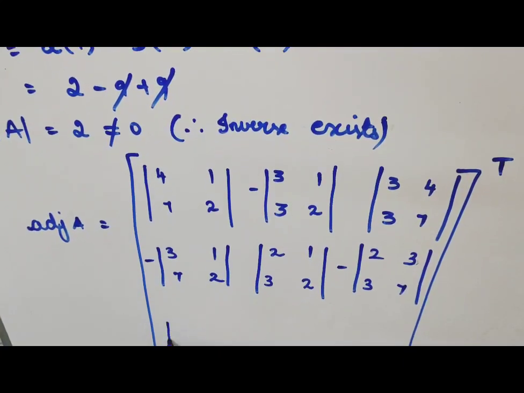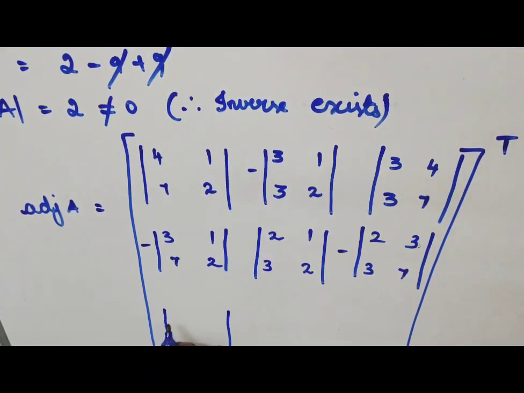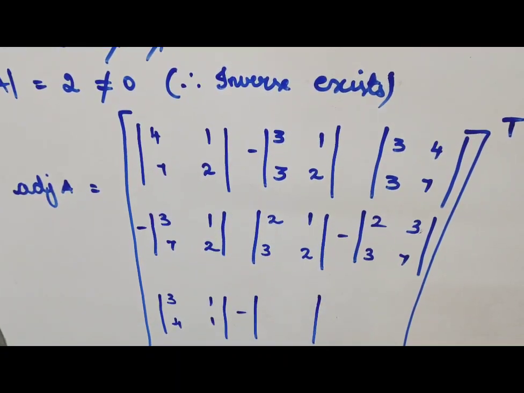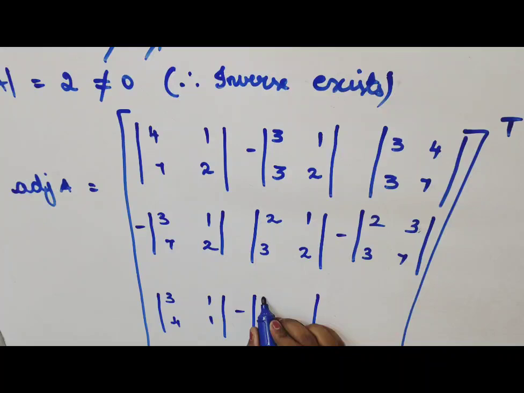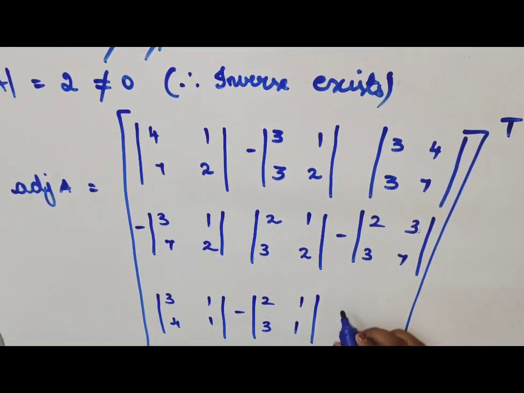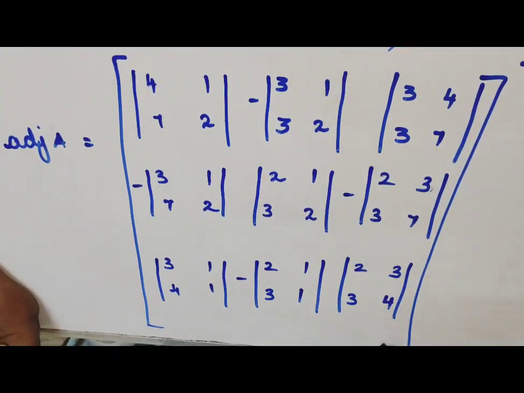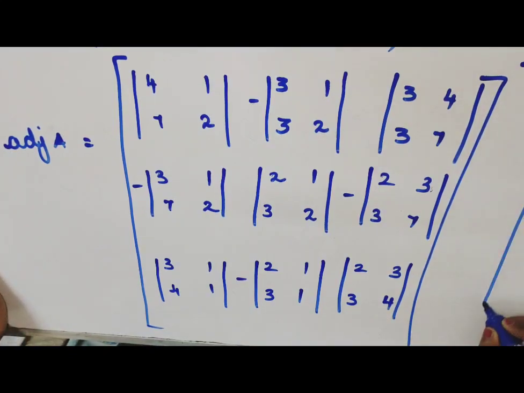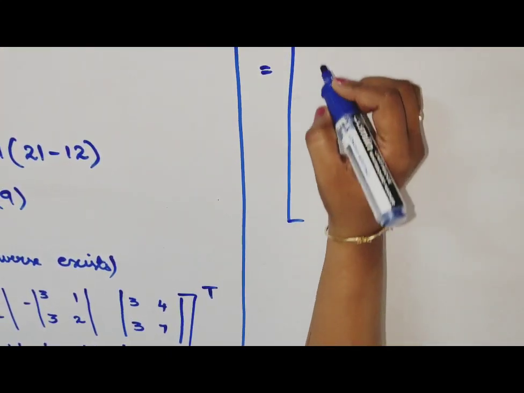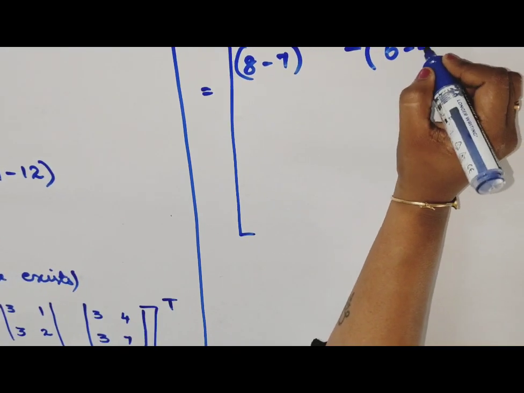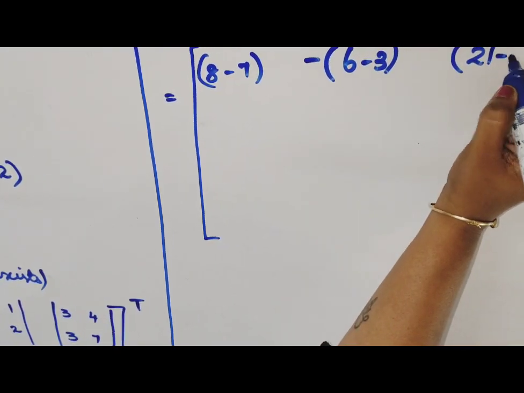And the minor for the next term is 3, 1, 4, 1. Minor for the next term is 2, 1, 3, 1. And minor for the next term is 2, 3, 3, 4. We have to simplify this and take a transpose finally to find the adjoint of A, which is equal to 8 minus 7, minus 6 minus 3, 21 minus 12.